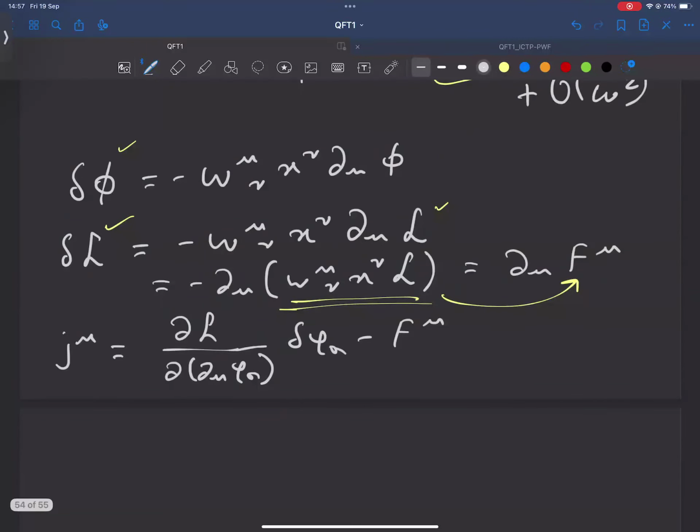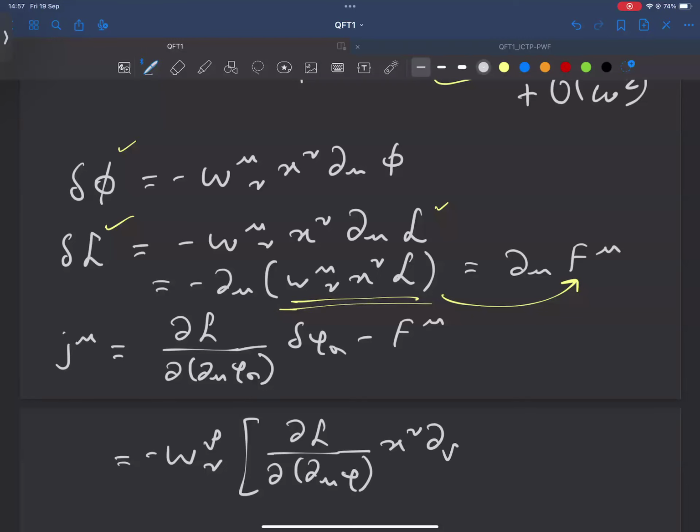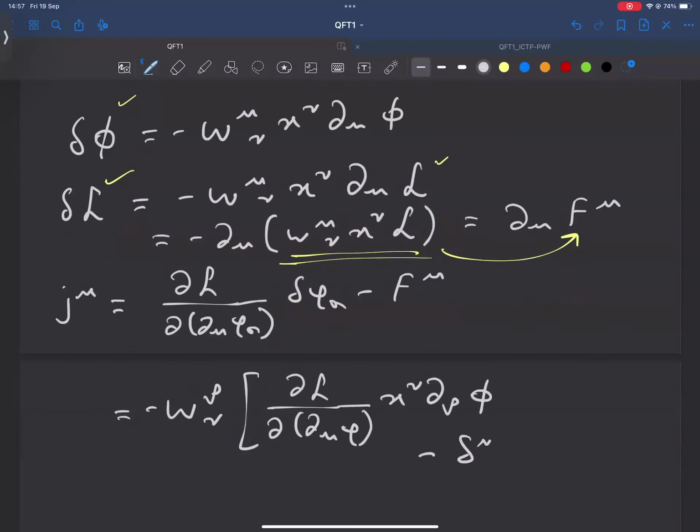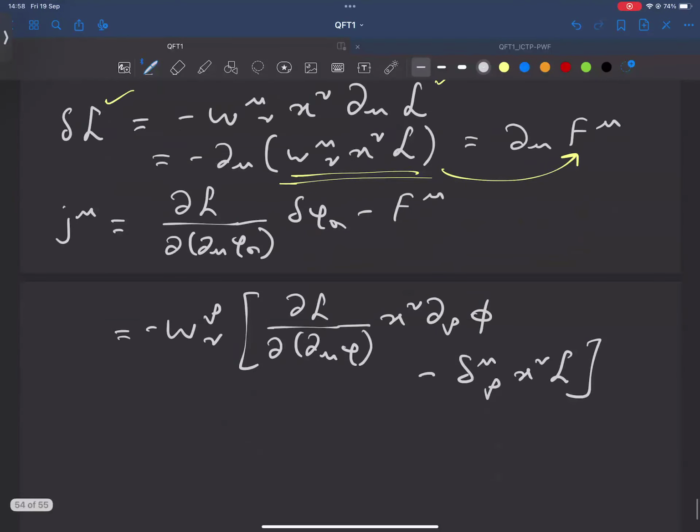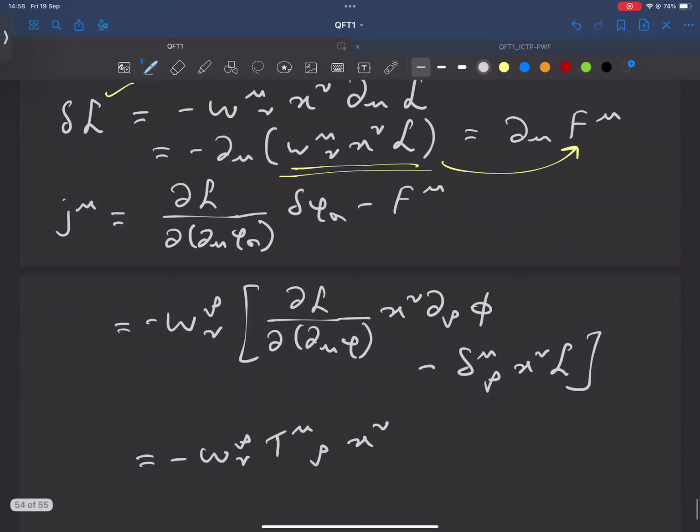So if you do that and you substitute from above the field transformations and the transformation of the Lagrangian, you get something like this. Okay, let me see if I'm indexing it correctly. Yes. Okay. And now you can identify this guy as the stress tensor times x nu. Okay.